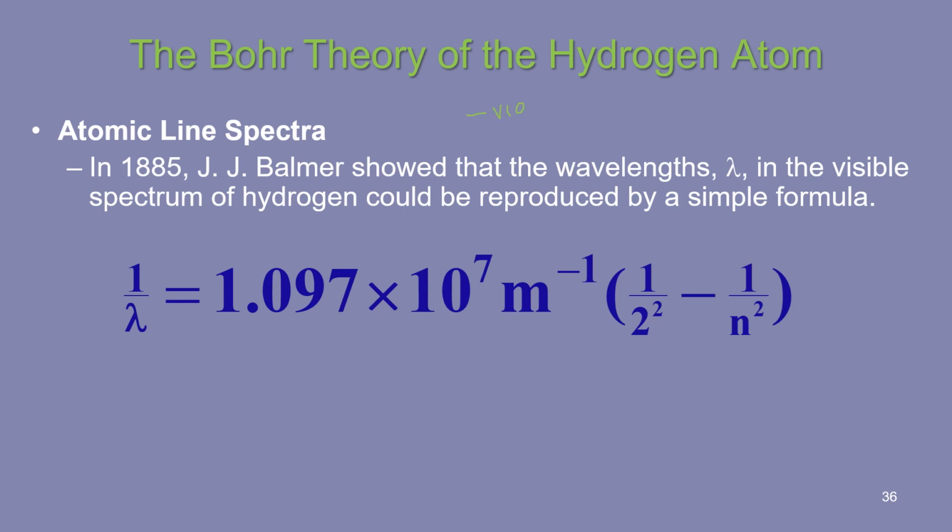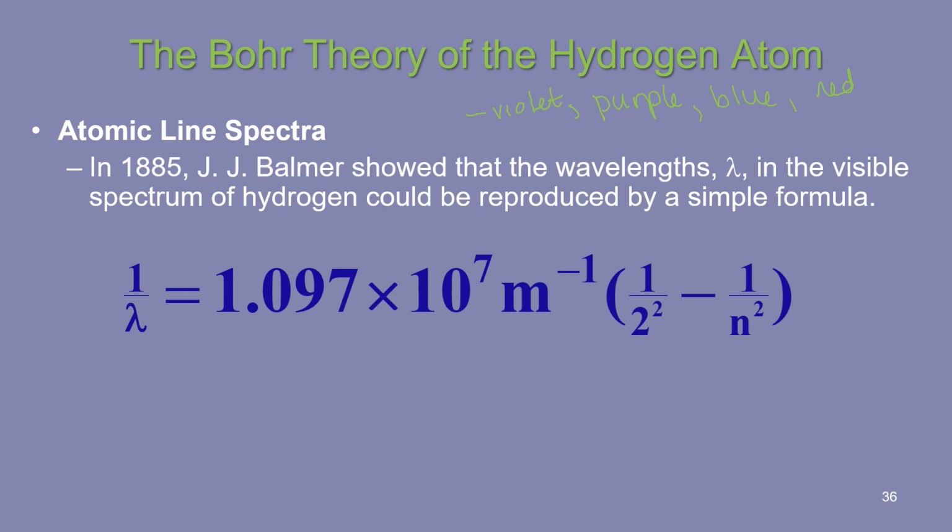Again, there was violet, purple, kind of weird to see the words in different colors, blue, and then red. So there were the 4 lines of particular wavelengths, and he did this math to figure out how the wavelengths of these 4 lines were related to each other, and he came up with this kind of weird relationship.